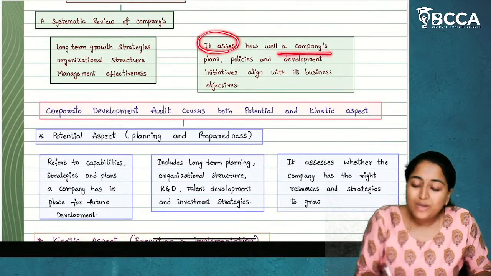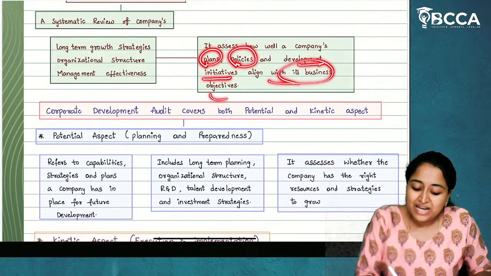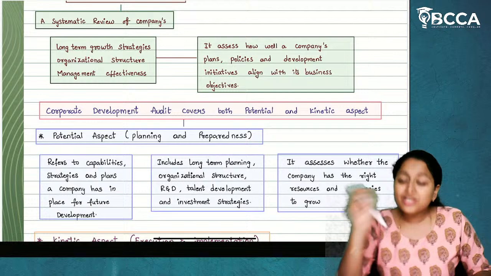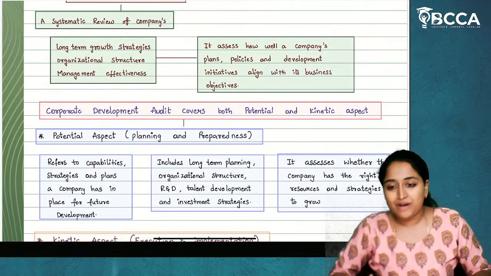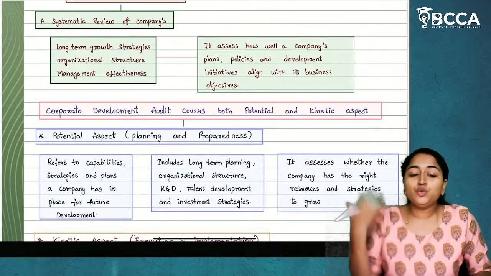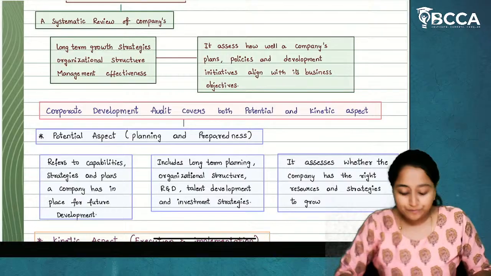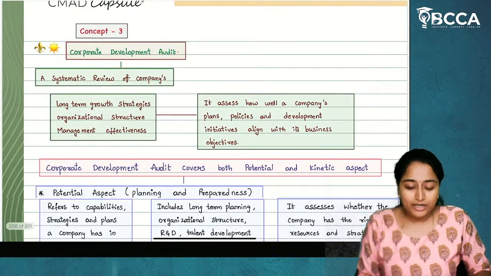It assesses how well a company's plans, policies, and development initiatives align with the business objectives. So we have an objective. To reach that objective, what plan you have, what policy you have, what structure you have, whether it is trying to develop the organization or it is killing the organization. The evaluation regarding that is called corporate development audit.